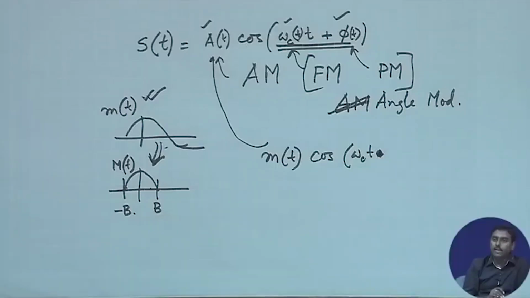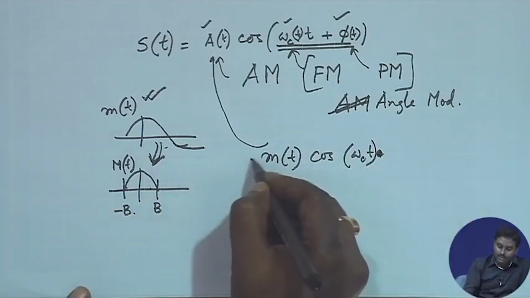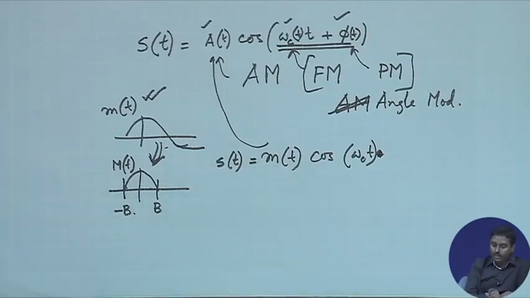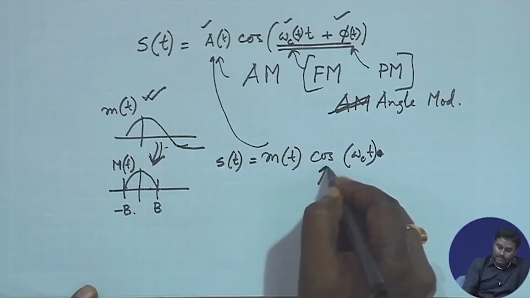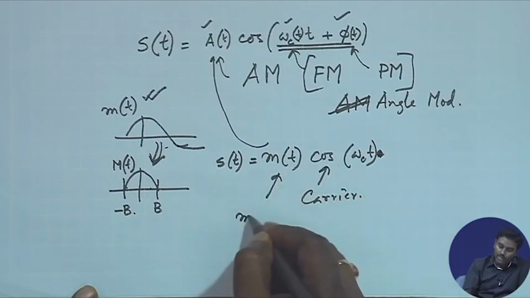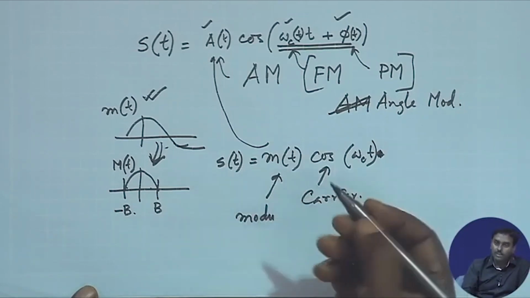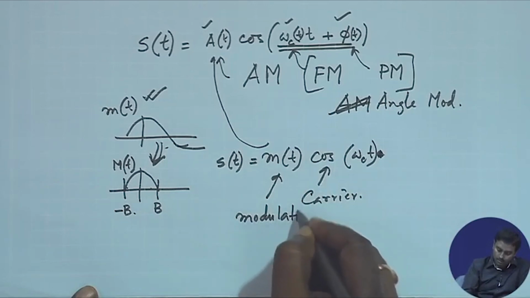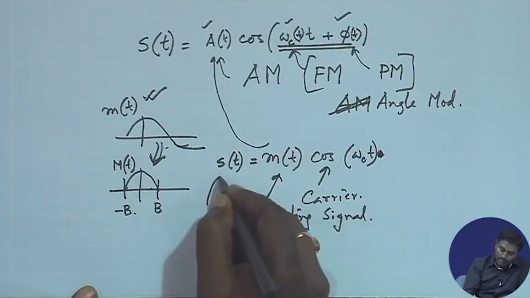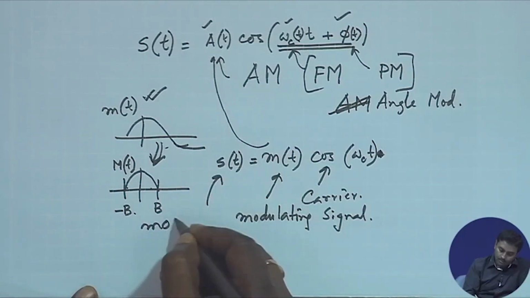For simplicity we can take that as 0, and even if you take a constant value that will not disturb you. So, we can say this is my modulated signal. Here the terminology is: this is my carrier, this is my modulating signal or the message signal, and this is the modulated signal.